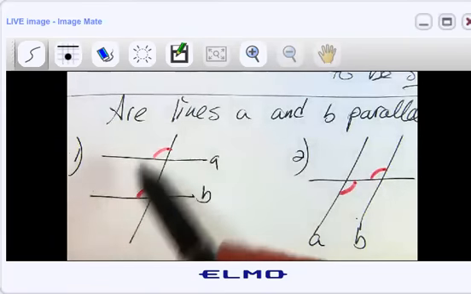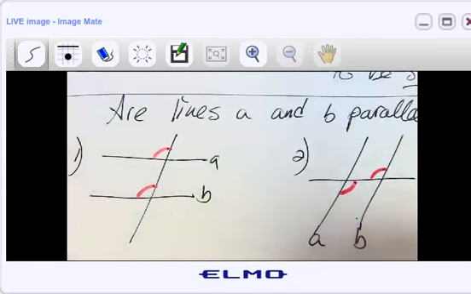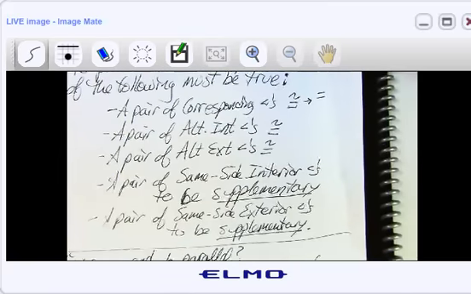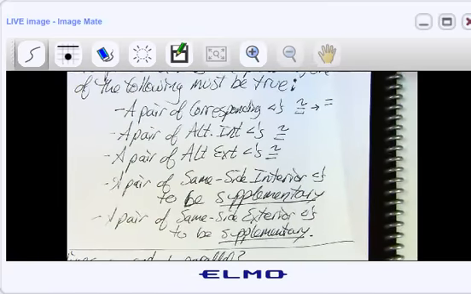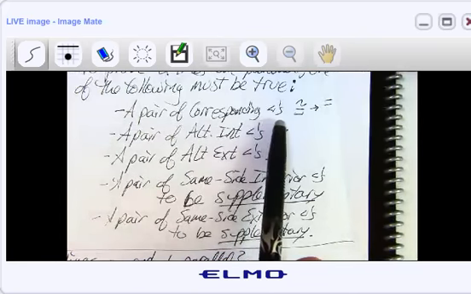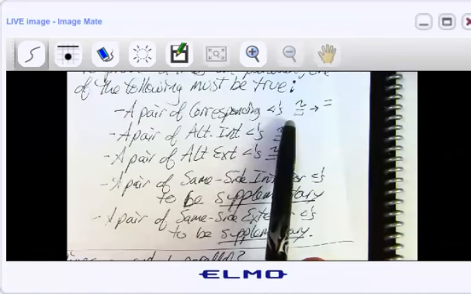So what I have in this picture are corresponding angles that are congruent. You see that? Corresponding angles that are congruent. So then I'm going to go back up to this list of 5, and I'm going to see, is that one of the things that will get me parallel lines? You bet your bottom dollar. Take a look. It's the very first one. I do have a pair of corresponding angles that's congruent.